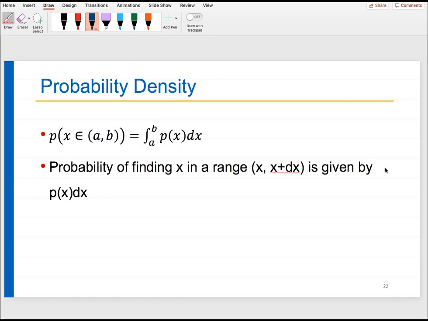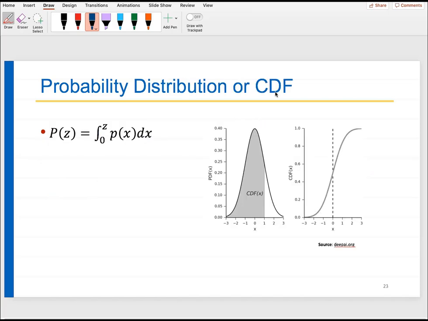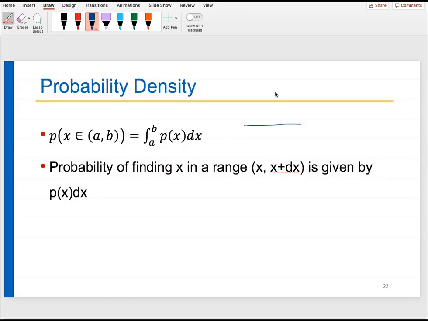So I will simply integrate over p(x) dx. So my p(x) was something like this. Somewhere here was my a, somewhere here was my b, and I can just calculate the area under the curve to find out.